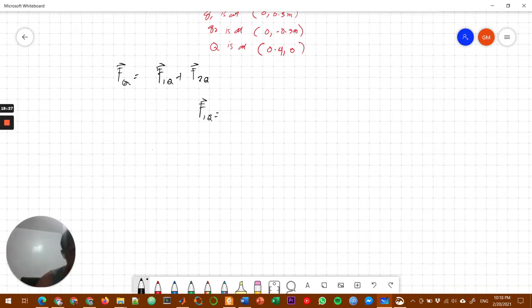Our formula is still the same: k absolute Q1 Q over r squared.